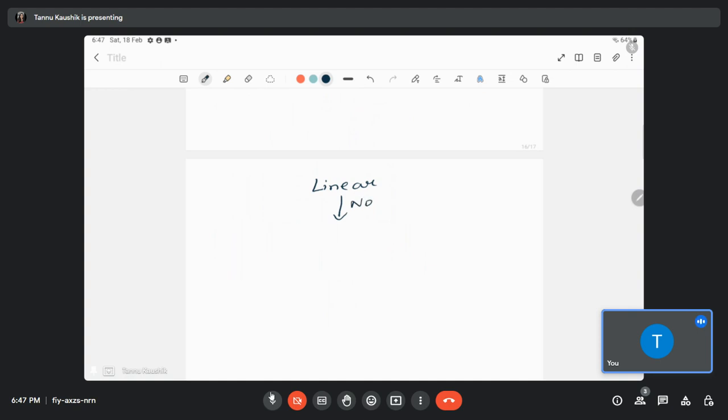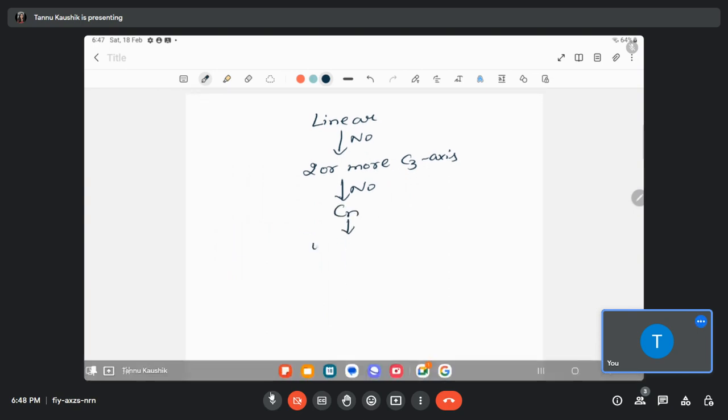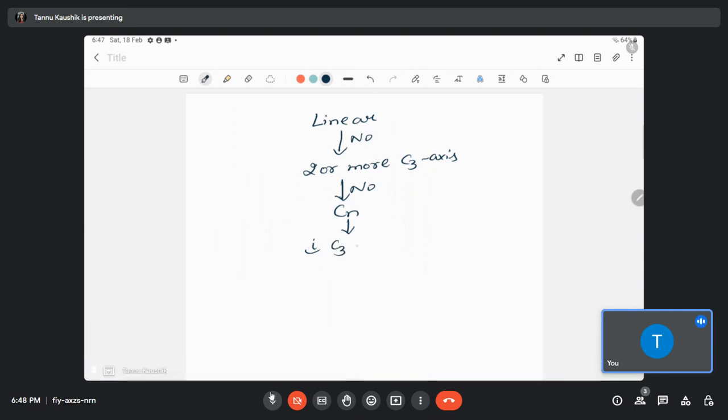Do we have two or more C3 axes of rotation in the molecule? No, we have only one C3 axis of rotation. So we have a proper axis of rotation, which is the C3 axis.